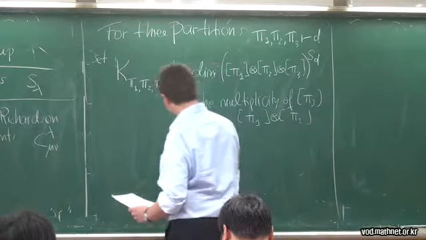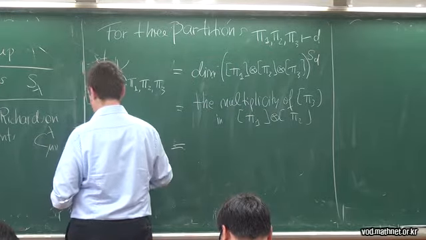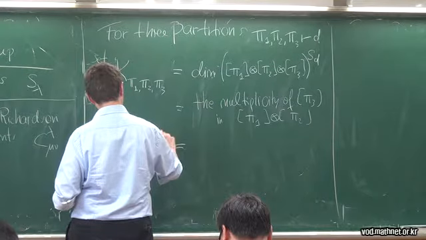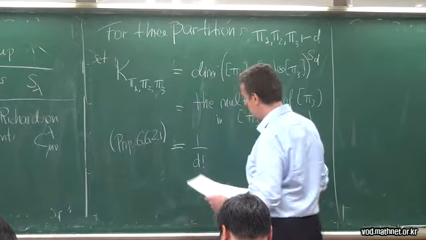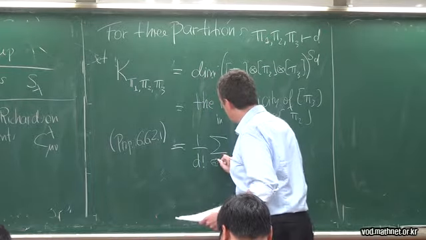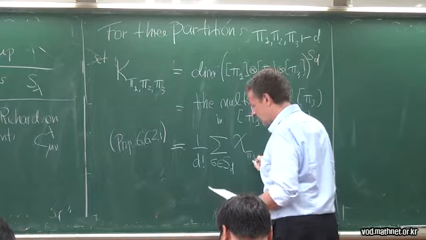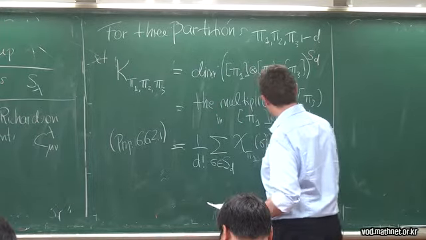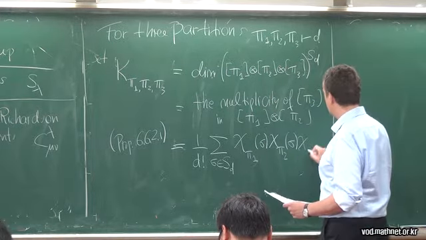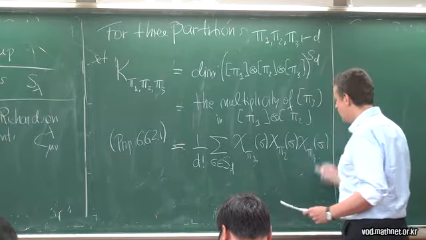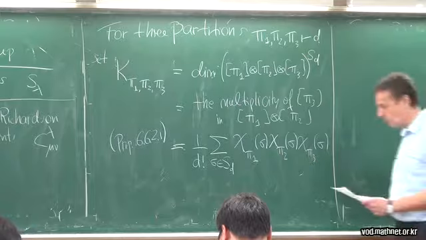And you can compute this. I computed some of those using proposition 6.2.1. It's the average over the group: 1 over d factorial, the sum over all permutations sigma in S_d, of chi pi 1 of sigma, chi pi 2 of sigma, and chi pi 3 of sigma, and these are the characters. So chi is the corresponding row of the character table.